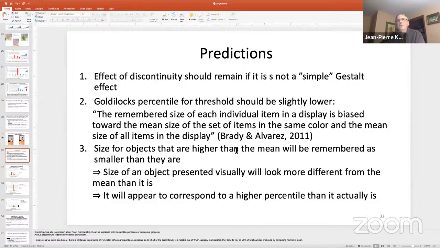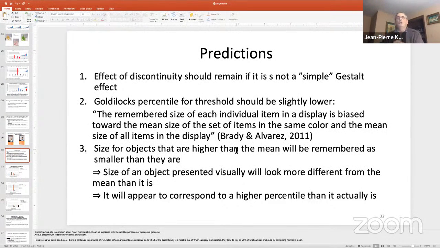And here is a quote from a recent 10 years ago, Brady and Alvarez paper that basically say the remembered size of each individual item in a display is biased toward the mean size of the set of items in the same color and the mean size of all items in the display, right? So the idea is that the size for objects that are higher than the mean will be remembered as smaller than they are.